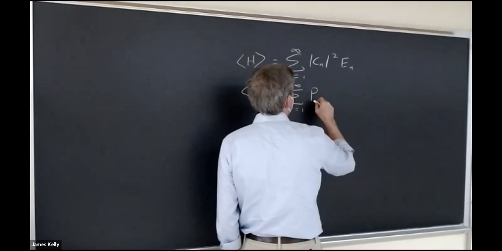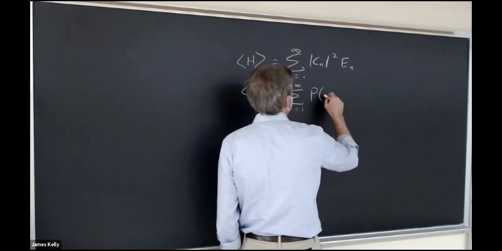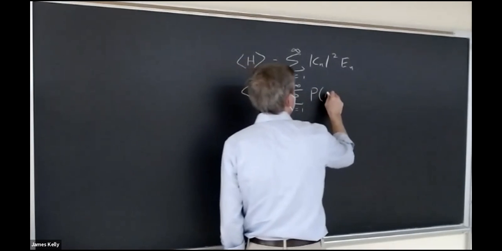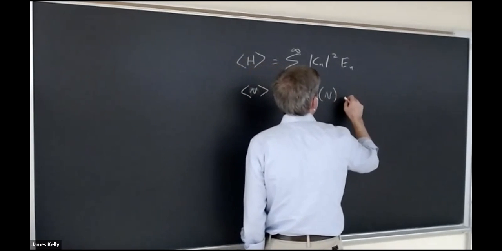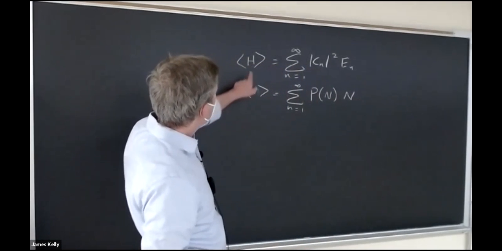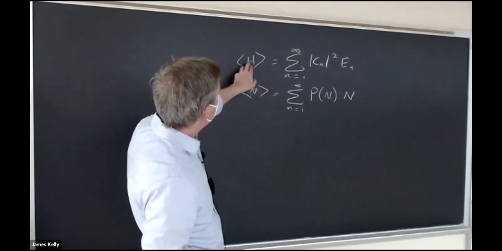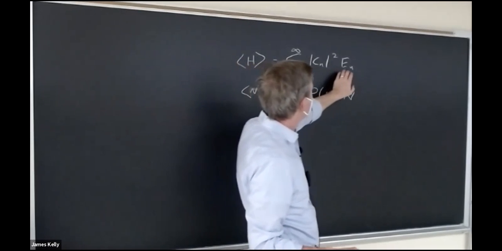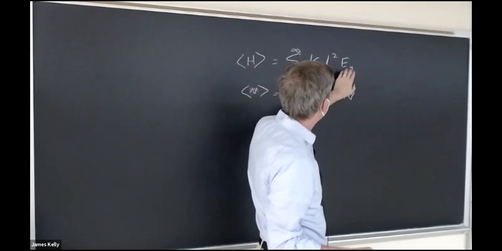The probability of, I guess we'll call this n, the probability of age n times that age. So here we're saying the expectation value of energy is the sum of something times the individual energies.